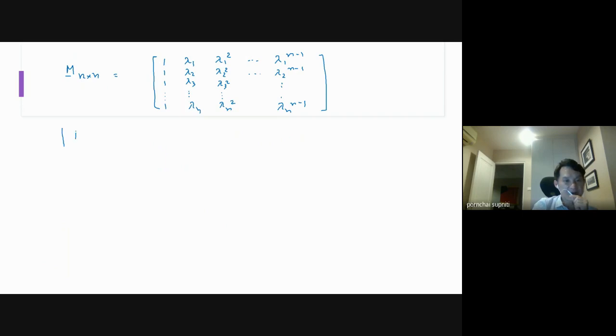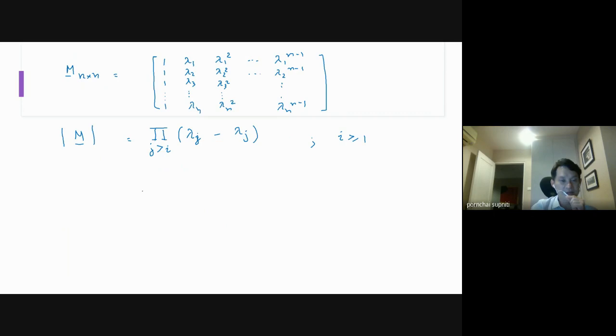And the determinant of this matrix is going to be a product of lambda j minus lambda i, where j is greater than i, and i is greater than or equal to 1.